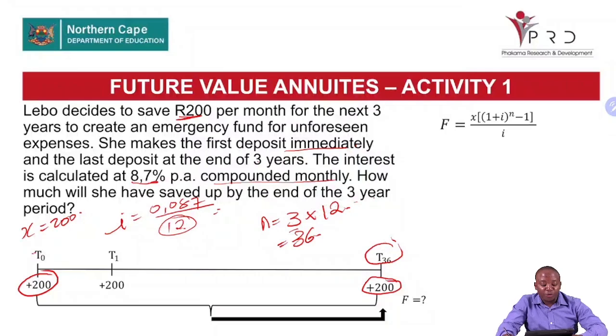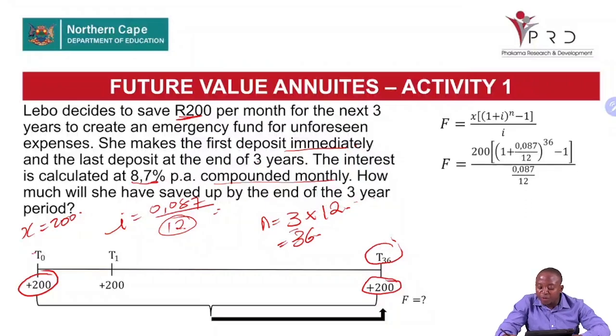Thereafter, what do we do? We now quote down the formula, because she wants to save for the future, for the unforeseen expenses in the future. So we are using the future value formula. We quote it down and substitute into the formula. F is our unknown; we are looking for F. So we want to know how much she will have at the end of 3 years.